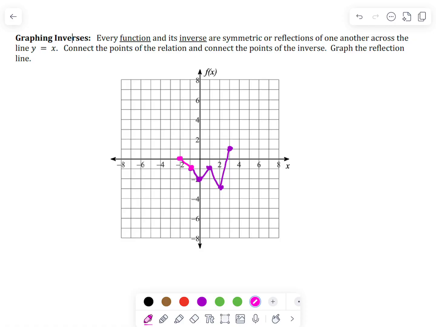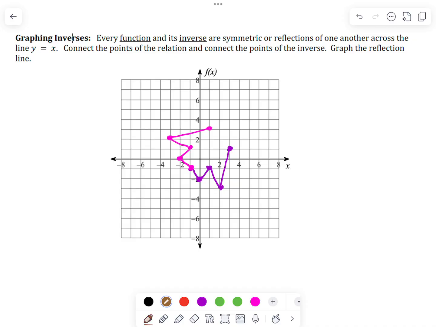And then left 1, up 1. And then left 3, up 2. And then right 1, up 3. So that is the inverse.